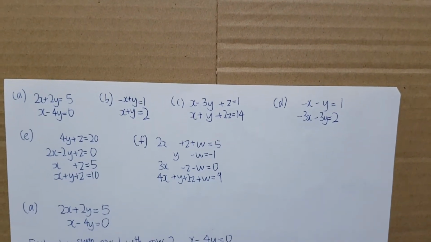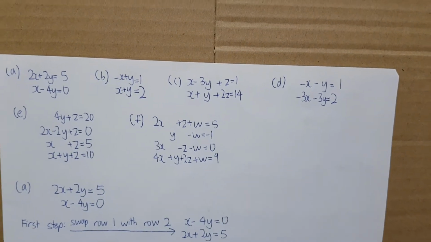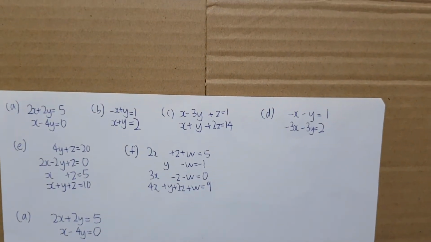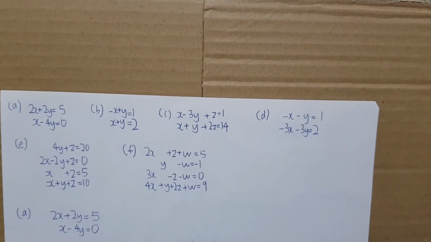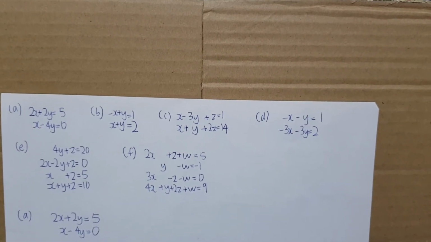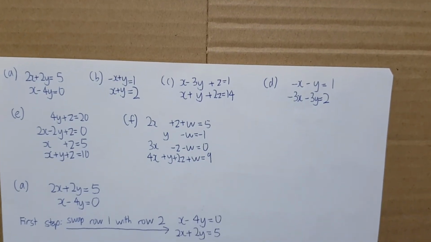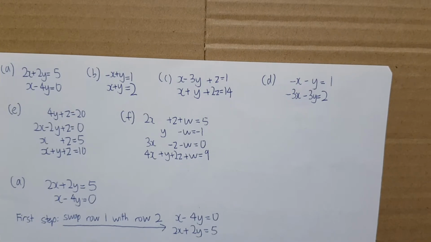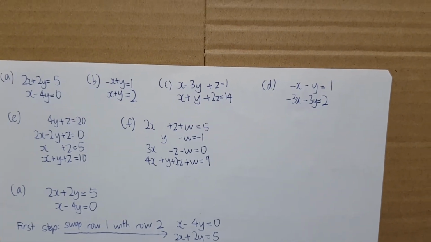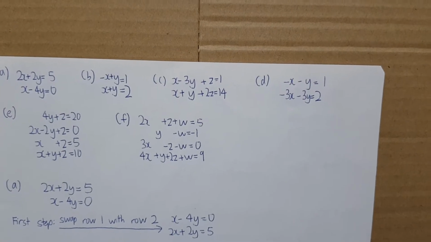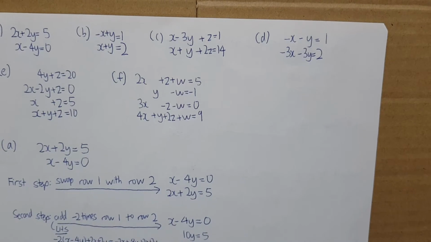So this is the first equation. My first step, I swap. We want to eliminate the x variable in the second row, so that we can reduce it to an echelon form. So we swap row 1 with row 2, and hence we get this transformed equation. After this, we are able to eliminate the x variable in the second row, so we add minus 2 times row 1 to row 2.